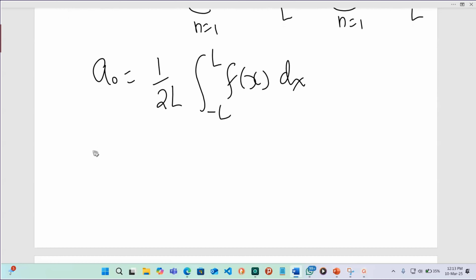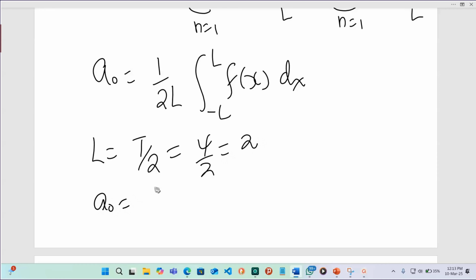But what is r? R is equal to T over 2, and this is 4 over 2, and this is 2. So a naught will be 1 over 4, integrating from negative 1 to 1, f of x will be 1, with respect to x.